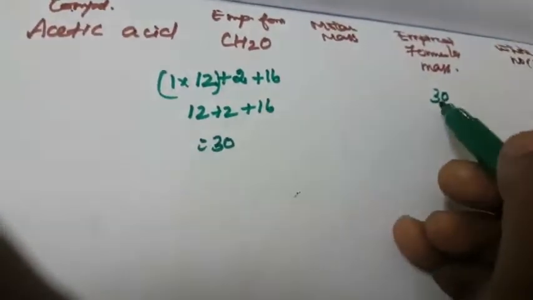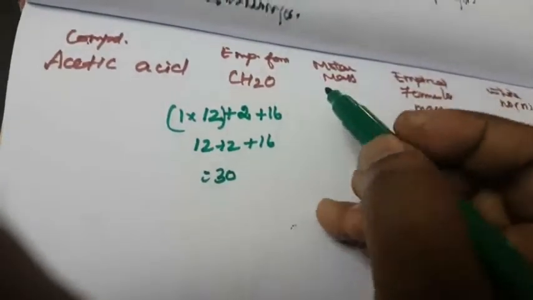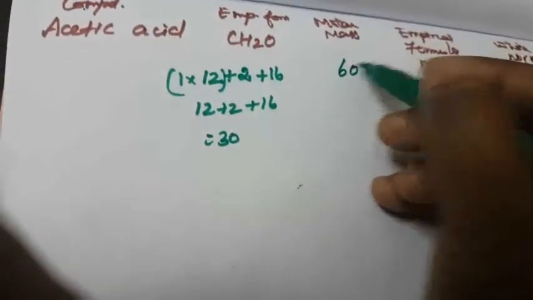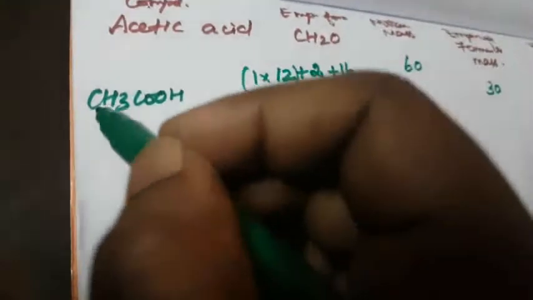The molar mass is already given in your book, so the molecular mass of acetic acid is already given. The molecular formula of acetic acid is CH3COOH.